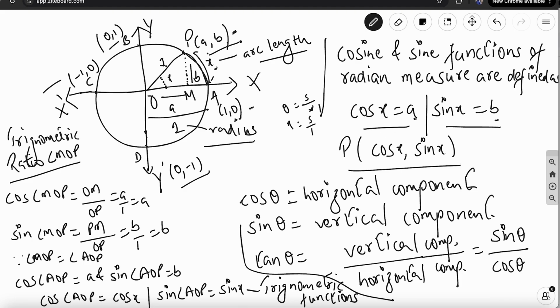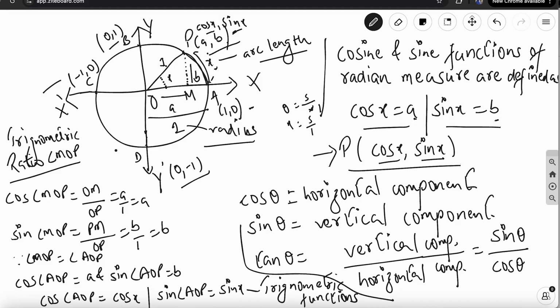So this point P can be represented as P of cos of x and sine of x.